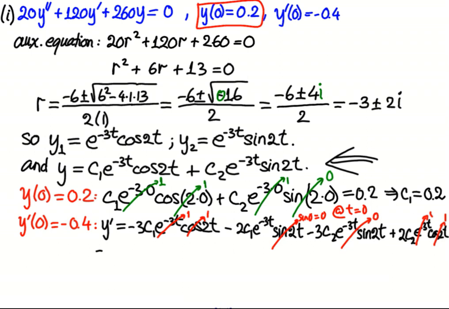So we put everything back. The derivative is negative 0.4. We have negative 3 times c1, which we do know is 0.2, and then plus 2 c2, whose value we don't know. So from here we can find the value of c2. I move the negative 3 times 0.2 to the other side, that is 0.6, so plus 0.6 on both sides.